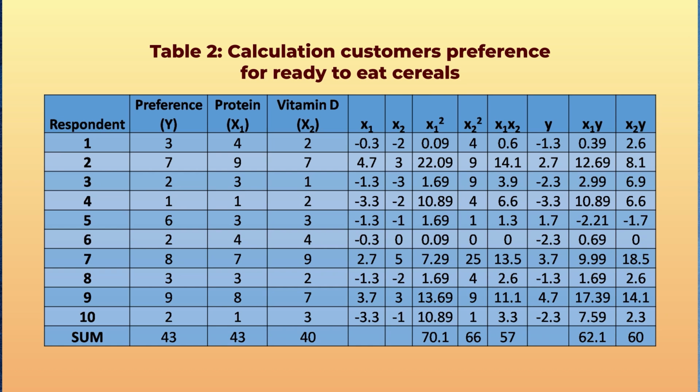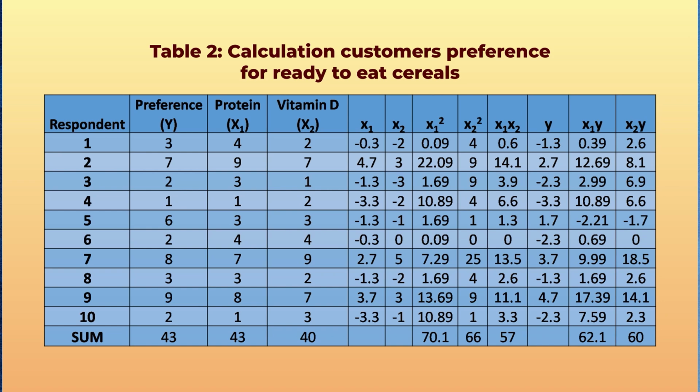After getting x1 and x2, we can get x1 square, x2 square, and multiplying x1 and x2, we will get the value of x1x2. We can calculate y and x1y, x2y. You can find all these calculations in table 2. After this, we can estimate by using the given formulas.